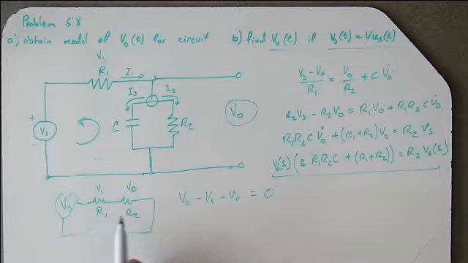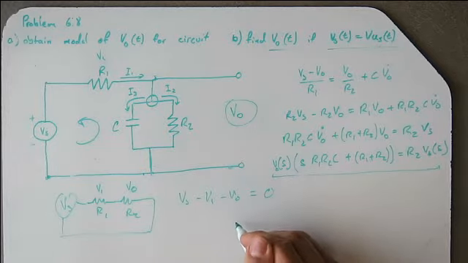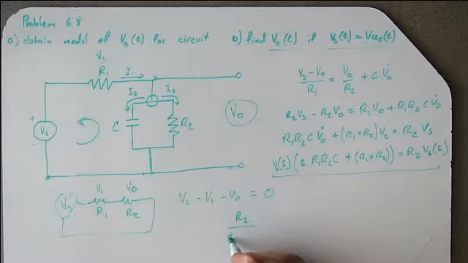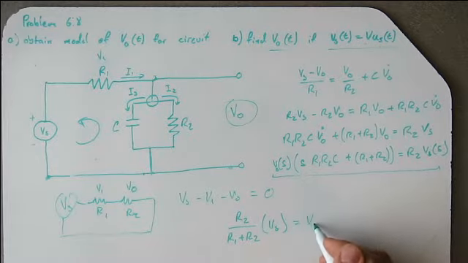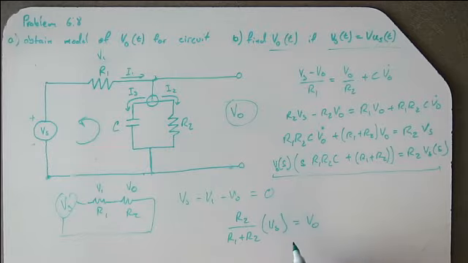And just from some experience with this, and if you think about it a little bit, you're basically splitting the voltage across these resistors, and the amount of voltage you're going to see here is basically the ratio of that resistor to the total resistance times the input voltage. And so if Vs equals V times the unit step function, we just get VR2 over R1 plus R2 equals V naught.